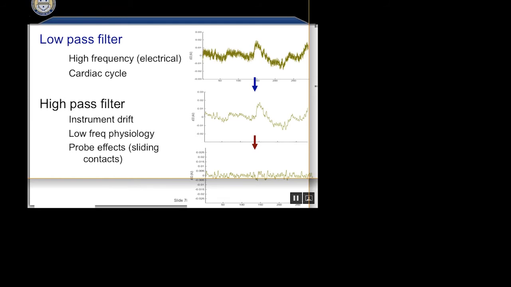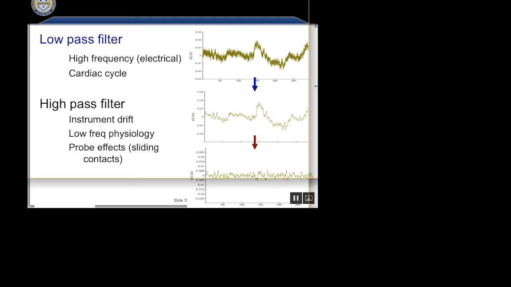You see if you apply a low pass filter at the right frequency, you can remove all this cardiac but leave presumably the signal of interest. The problem is if you choose the low pass much lower, now we start to wipe out a signal that potentially was of interest.